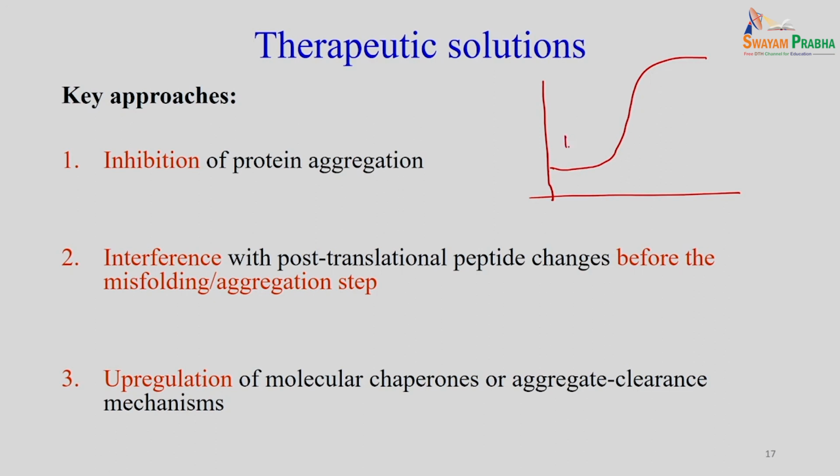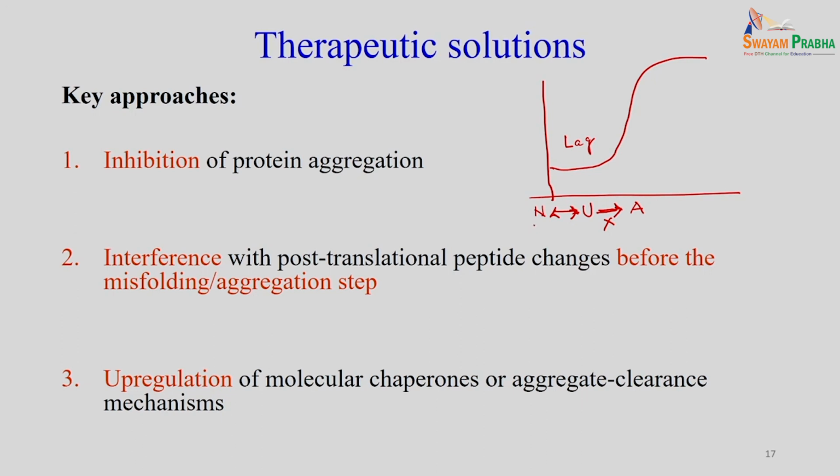So, this is the lag time, which says the native protein is going to the denatured or unfolded state, then it is going to the aggregate. So, if you can stop this step from unfolding to the aggregate, but once unfolded protein is present, it is difficult to stop the formation of nuclei.